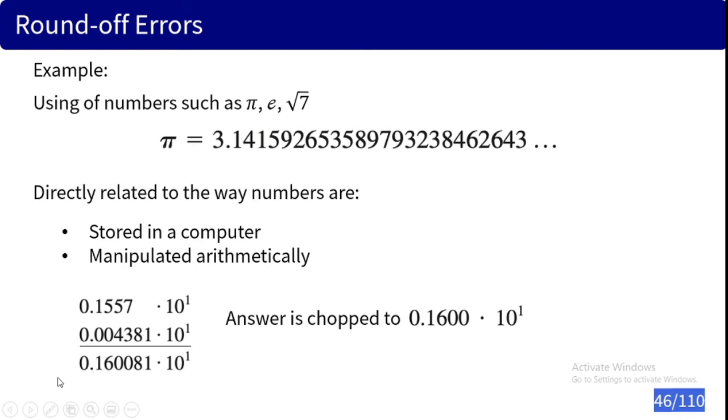So 6 significant figures. Since sa calculation to is naka-decide man ta nga 4 significant figures ang acceptable na to nga material sa atong answer. So instead nga 0.16008 na atong answer, instead abo nga na-chop siya into 0.1600. So pareha gyapon ni siya kana 0.1600 is 4 significant figures gyapon ni siya.